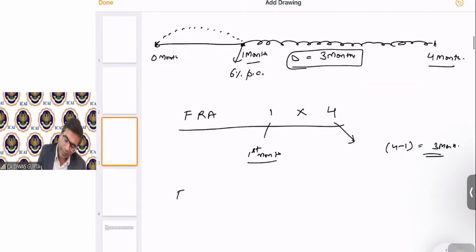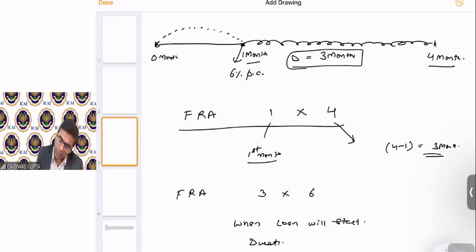Now tell me, what does this FRA mean? In this, when will the loan start and what is the duration of the loan? Tell me, students, these two things.